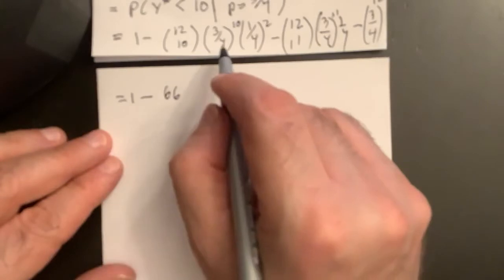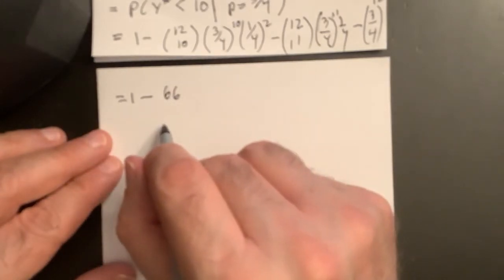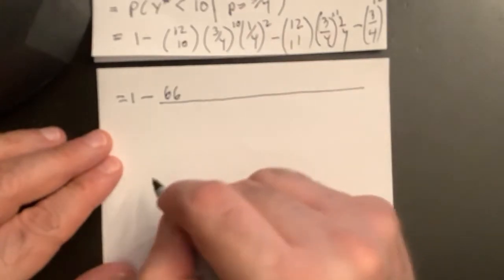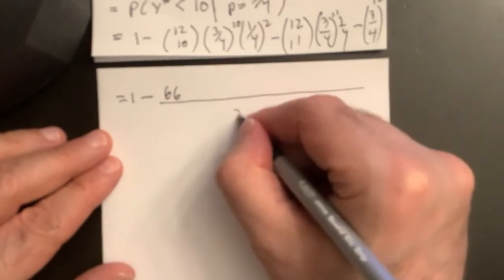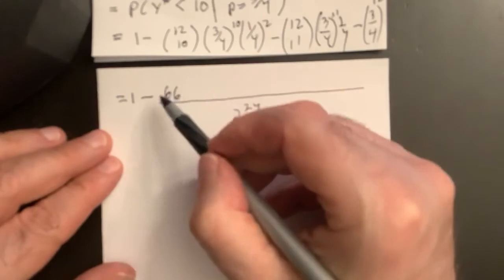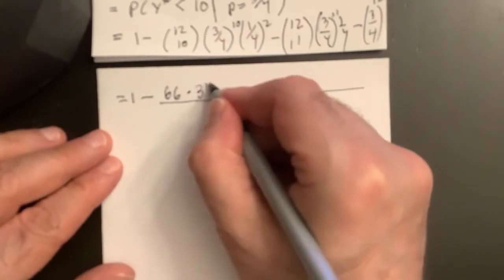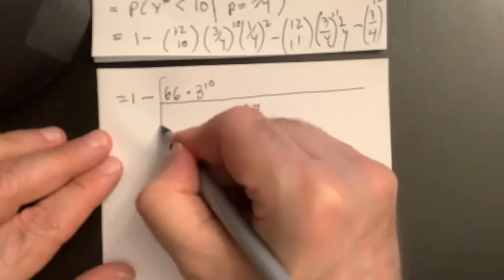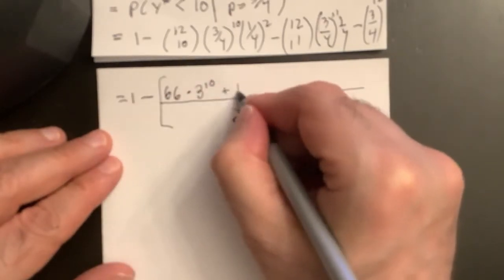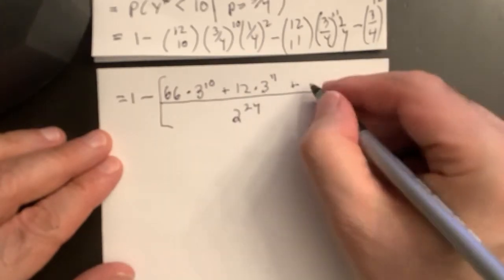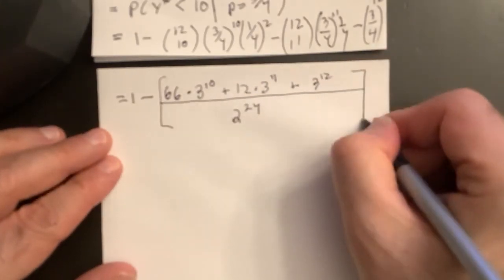So you can see it's already pretty ugly. The whole denominator here would be 4 to the 12th, or 2 to the 24th power. Here I get 66 times 3 to the 10th, plus 12 times 3 to the 11th, plus 3 to the 12th here.